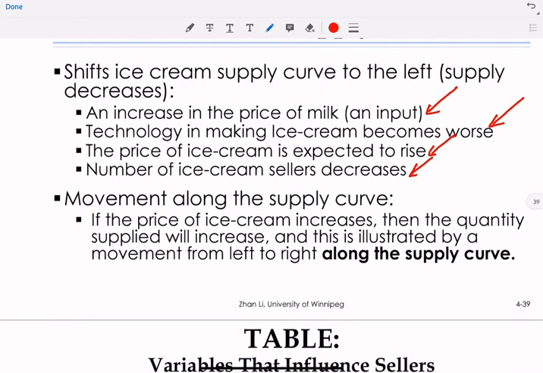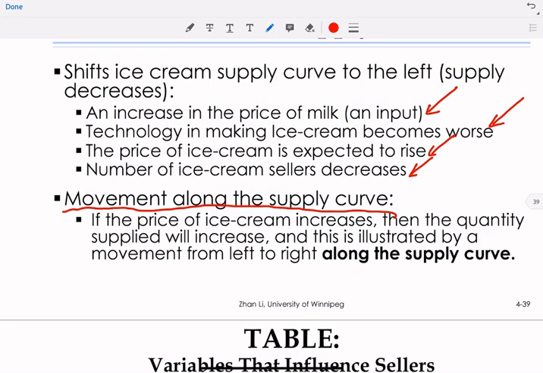Again, we have the movement along the supply curve. Remember that in the case of the demand curve, if there is a change in the price of the product itself, then you will observe a movement along the demand curve. So here for the supply curve, the idea is the same, right?